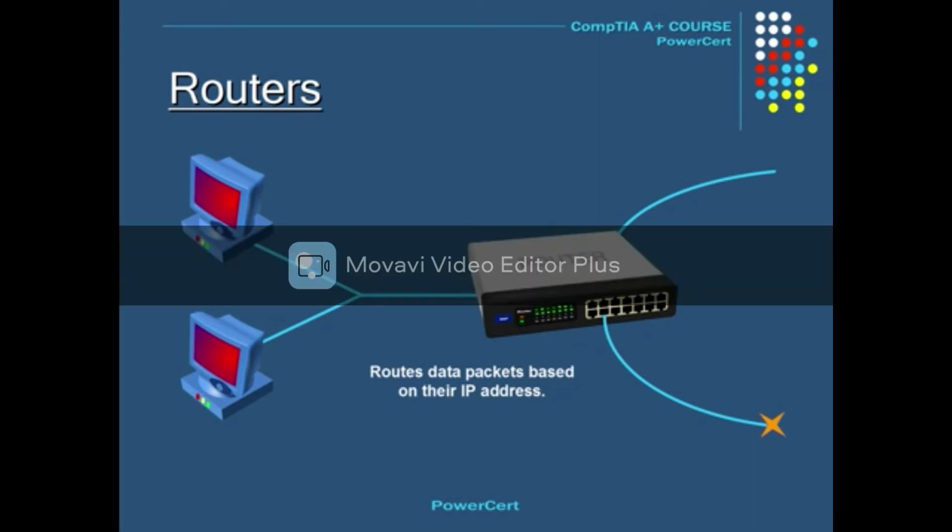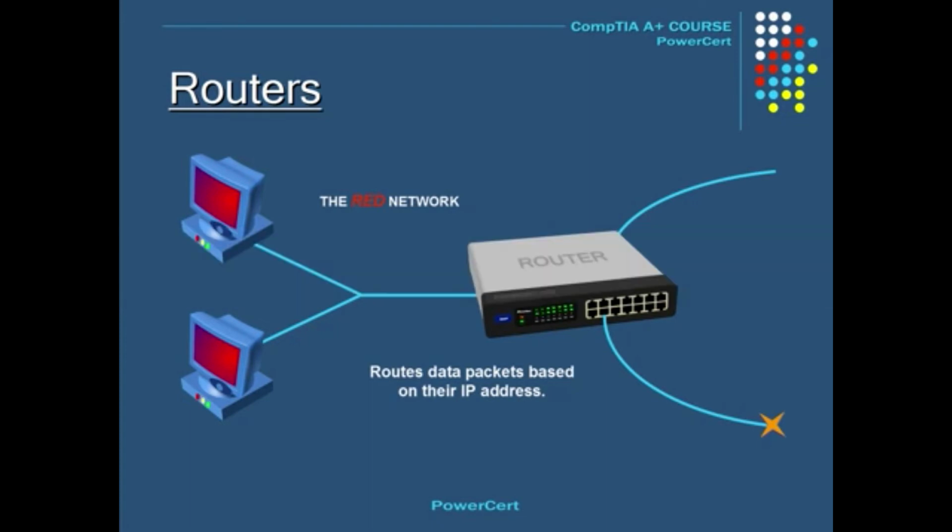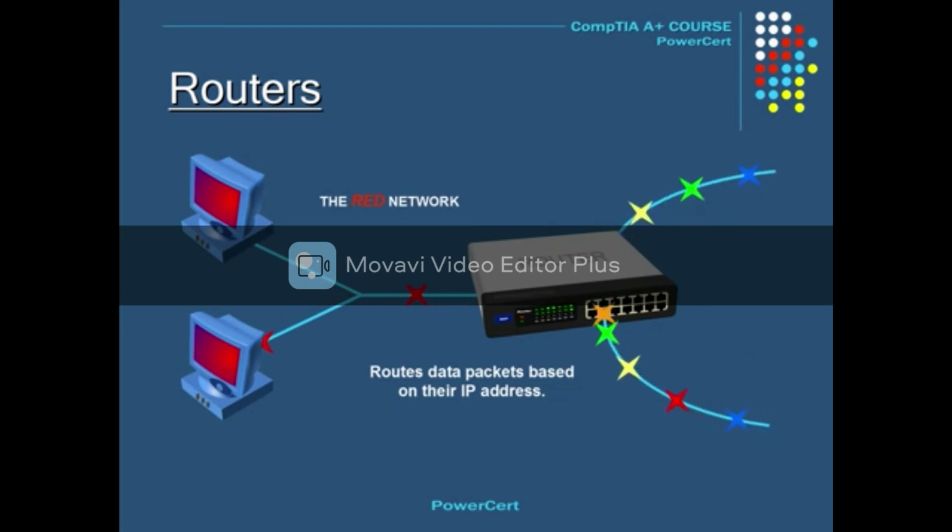Now let's go ahead and demonstrate this. Here we have a private network with its router. We'll refer to this one as the red network, indicated by the red colored screens on the computers. Over here you're going to have different data packets, indicated by their various colors, and they are going to be entering the red network's router from the internet.